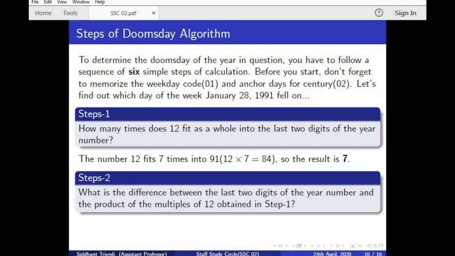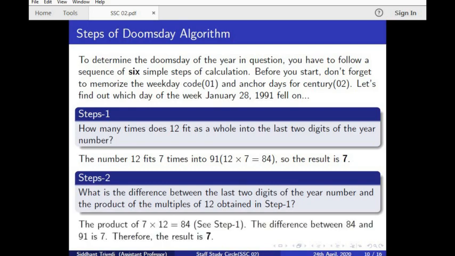Step 2. What is the difference between the last two digits of the year number and the product of multiples of 12 obtained in step 1? The product was 84 in step number 1. The difference between 84 and the last two digits, that is 91, is again 7.